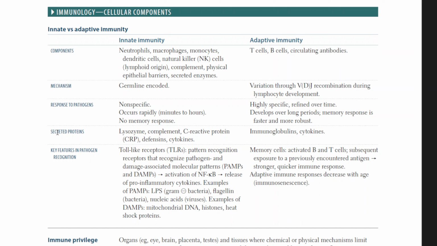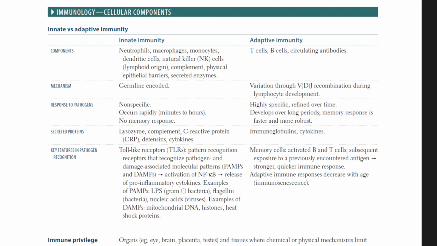So secreted proteins are lysozymes, complement, C-reactive protein, defensins, and cytokines. Remember, cytokines are proteins that signal cells to communicate and regulate the body's immune system.